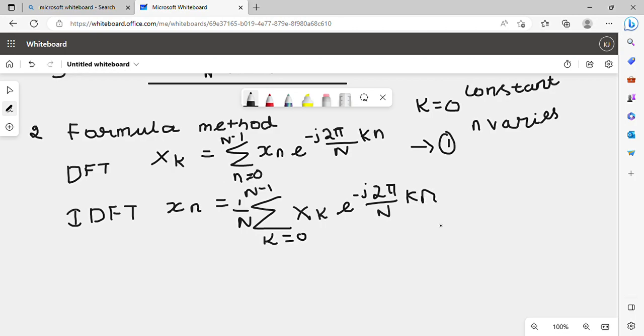For this particular IDFT, you know that n is the constant value and k varies, right? For all the particular values of n, k varies. So I am going to have a formula of 1 by N into x of k.